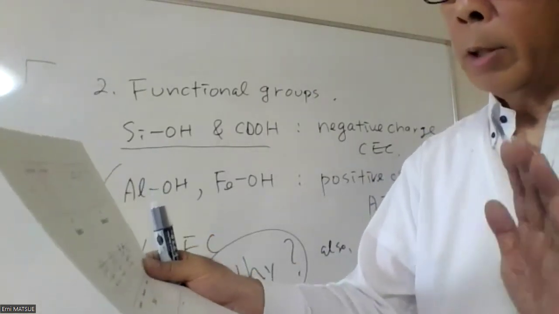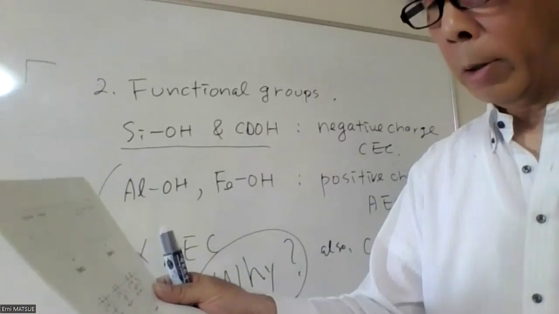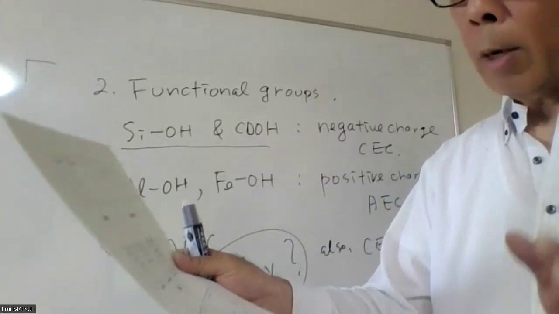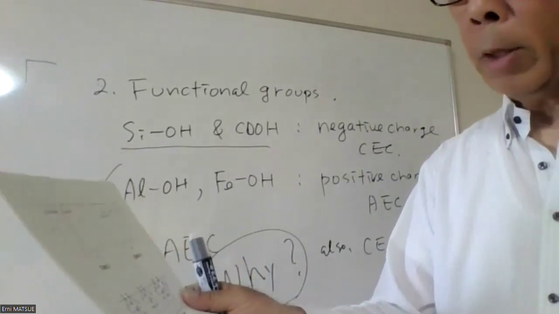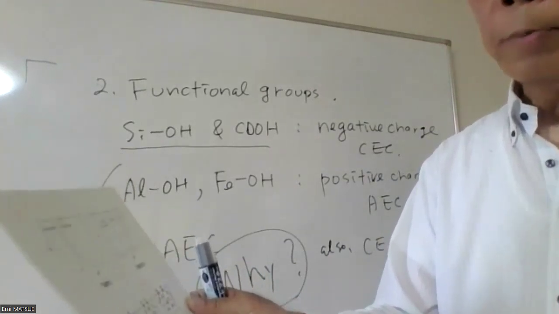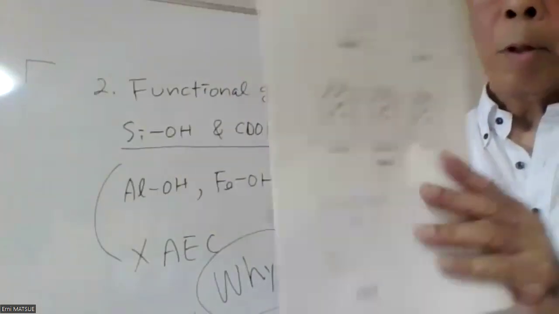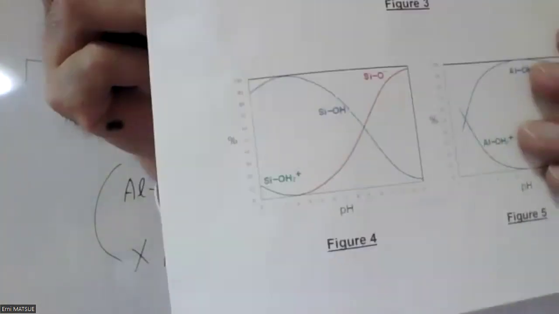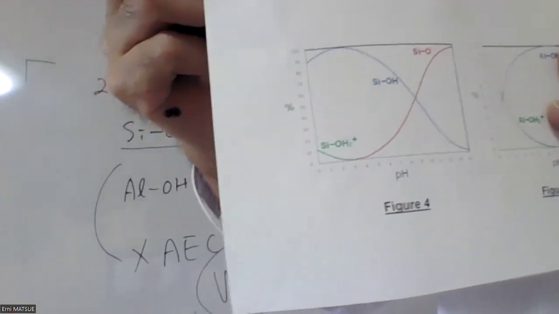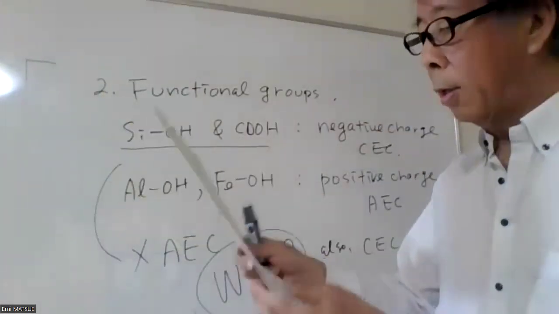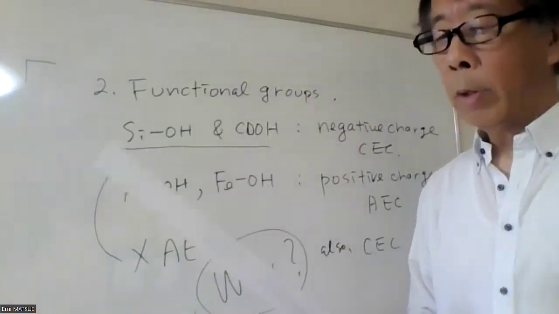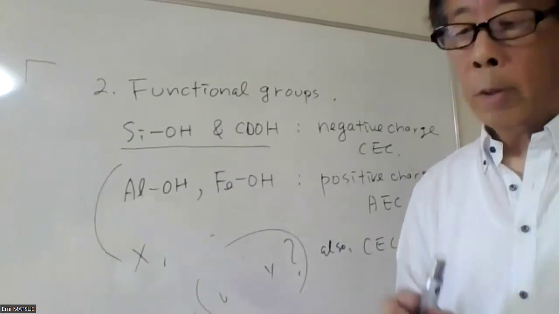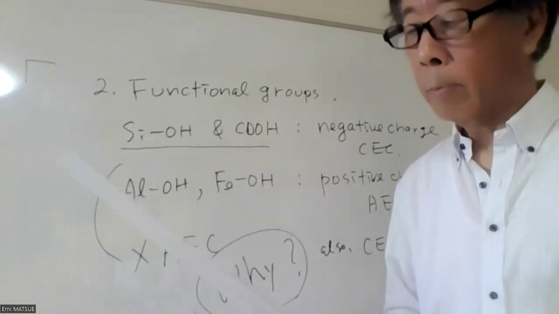SiOH can dissociate to SiO minus. But at very low pH, SiOH can also become SiOH2 plus. But in our environment, the pH of water is usually between 4 and 10.